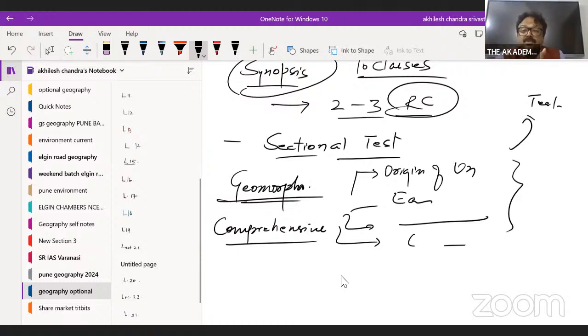It is more writing on that very hectic day of your life, which is your mains examination, and that too in the prescribed word limit as well as given time.